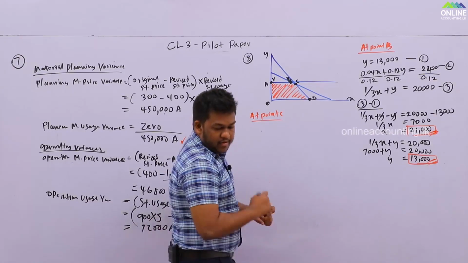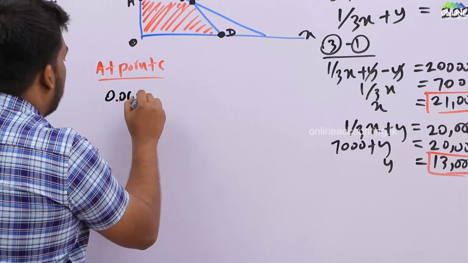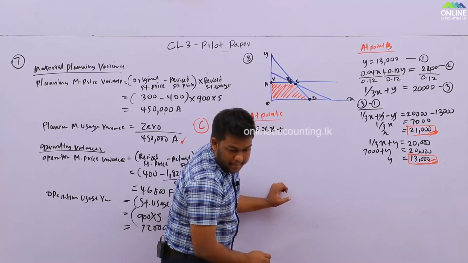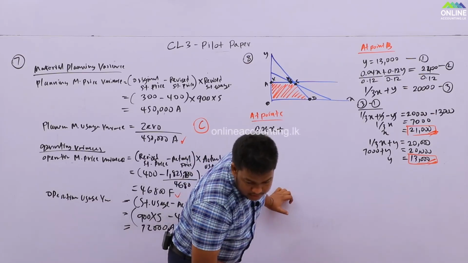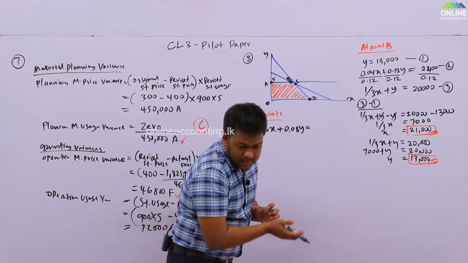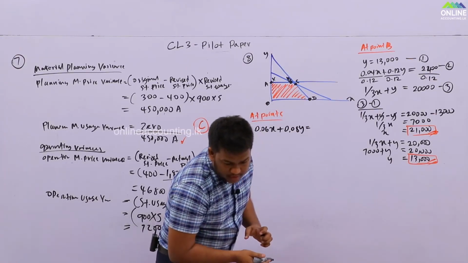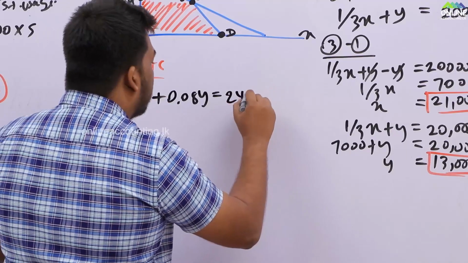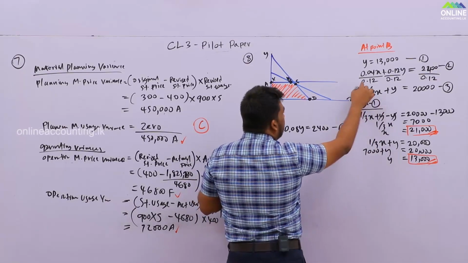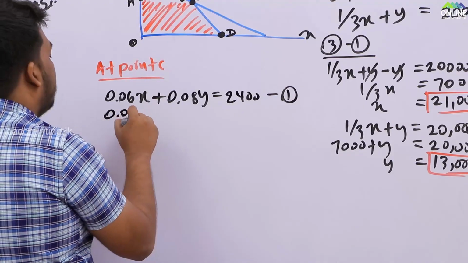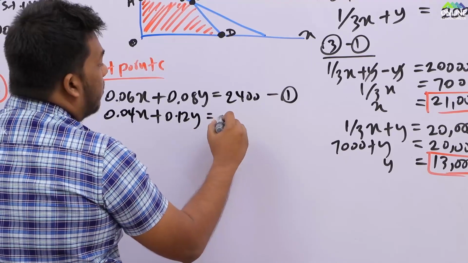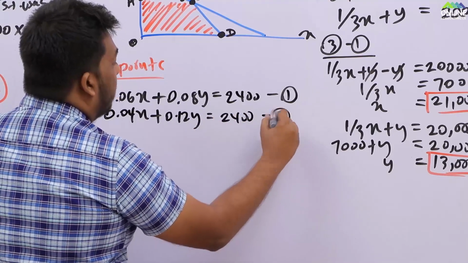The first one: 0.06x plus 0.08y equals 2,400. That is the first formula. The second one, this one: 0.04x plus 0.12y equals 2,400.